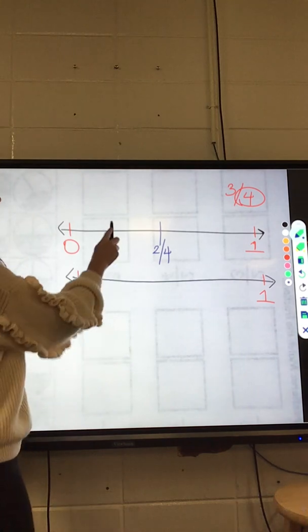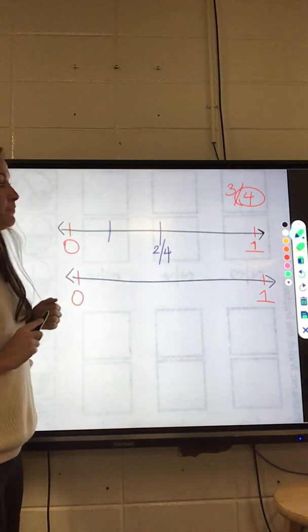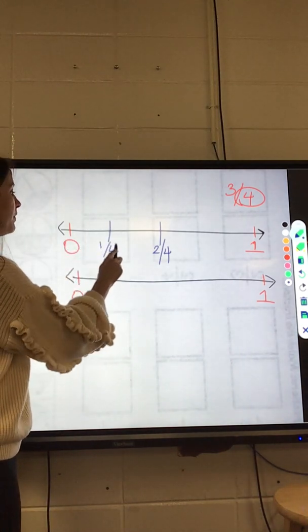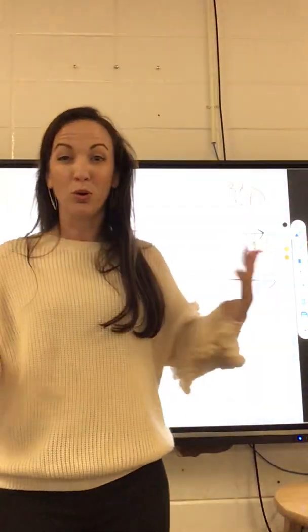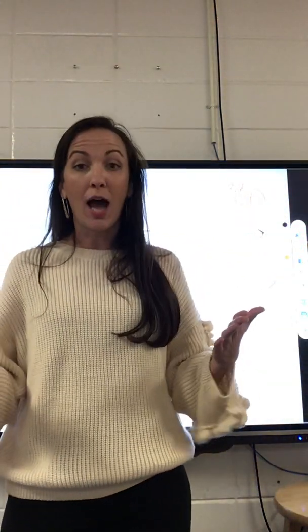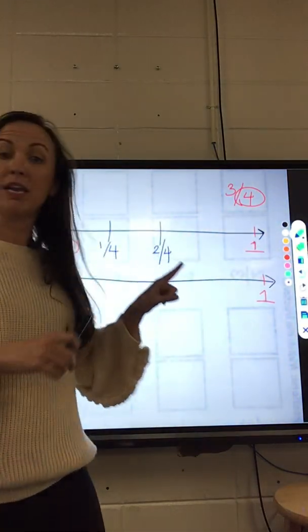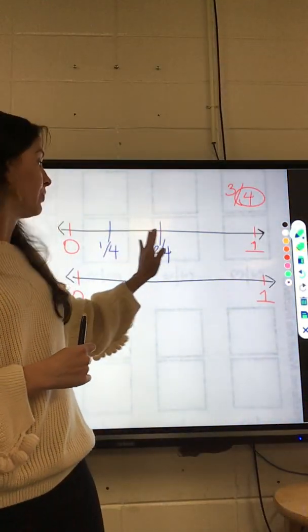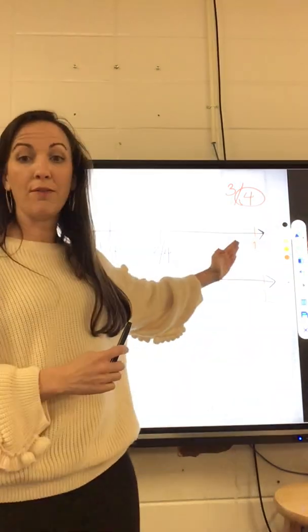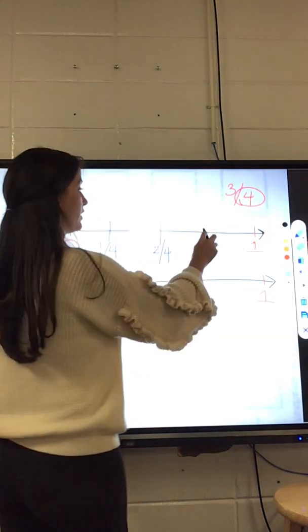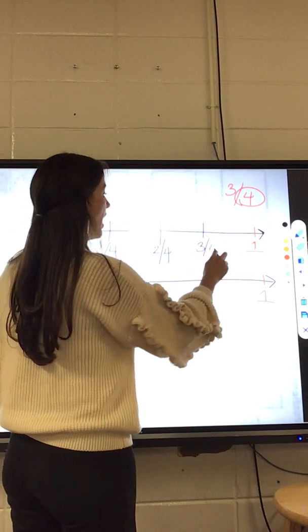All right, so let's go ahead and partition that one there. This would be 1/4. So just like we're counting, we've been doing it all week. Y'all did a great job on Tuesdays, independent work, filling in those missing fractions. 1/4, 2/4. What's going to go next? 3/4, the fraction that we actually are trying to plot.